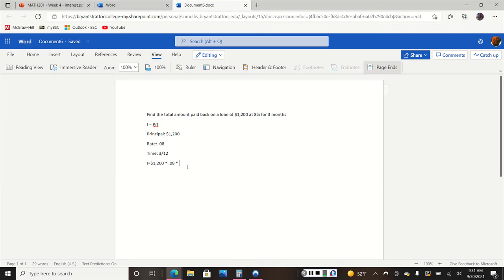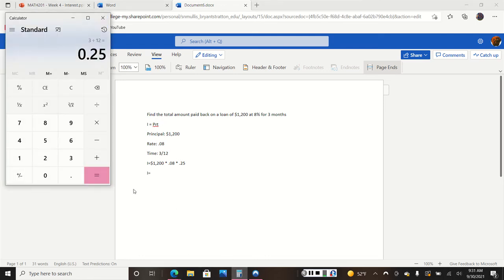So it's a quarter of a year. So the total interest that we paid is 0.25 times 0.08 times 1200, so $24 within 3 months.